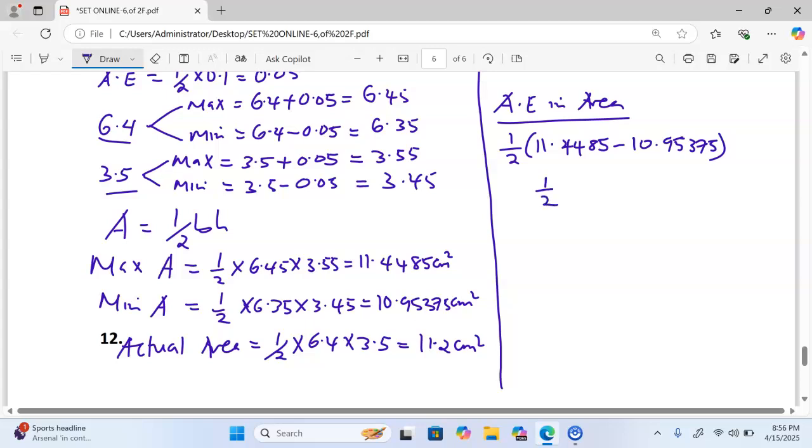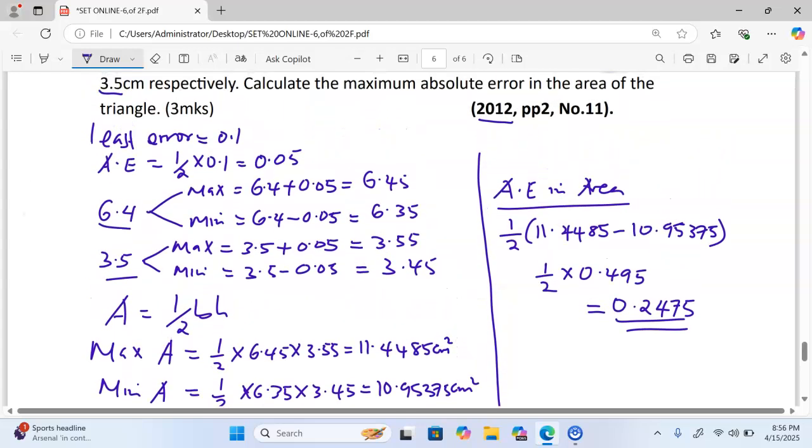This is going to be half of 0.495, and this is going to give us the error equivalent to 0.2475, and that is what the question wants us to calculate.